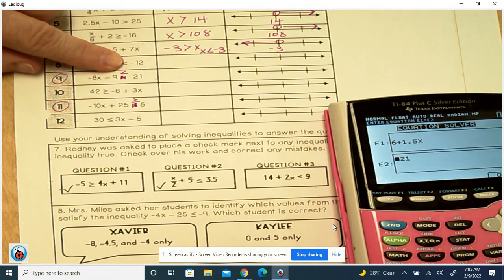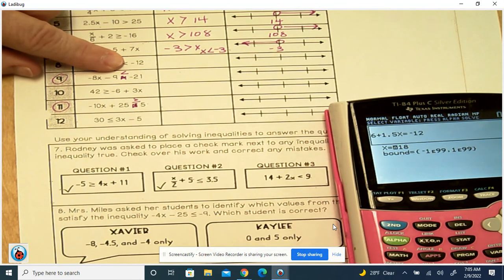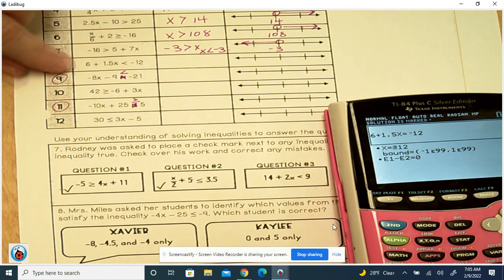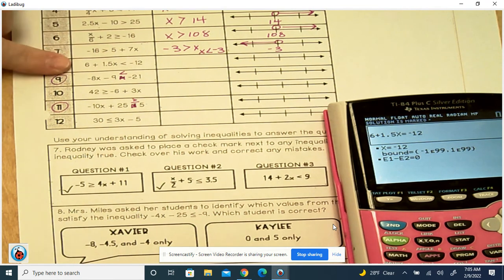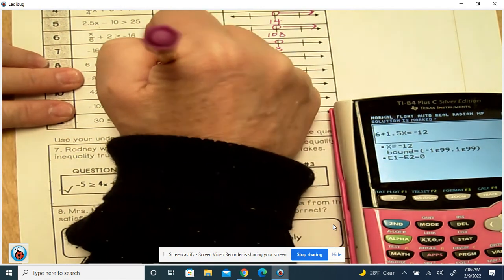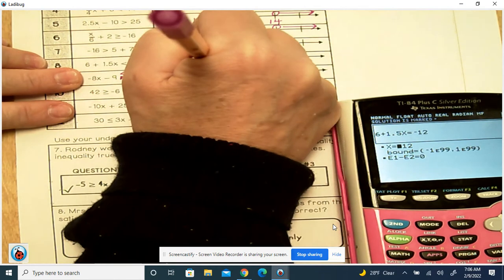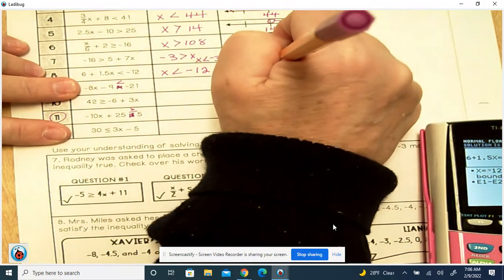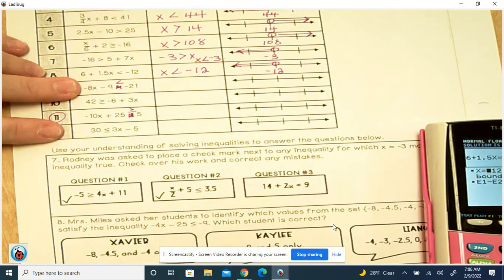And down here, I need negative 12, not 21. And the answer would be negative 12. Let me check that. Right. The answer is negative 12. So we got x is less than negative 12. So we got negative 12 less than, shaded to the left.